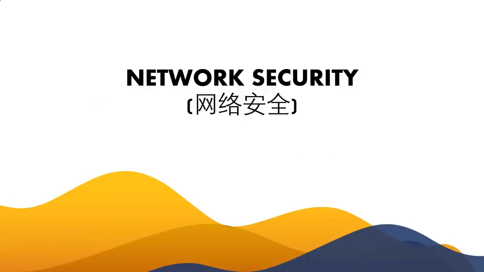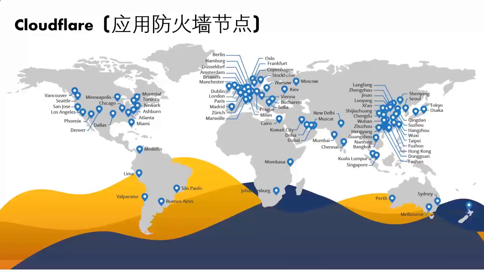So let's talk about the network security. We actually run Cloudflare, and Cloudflare itself has all of these nodes or data centers in the network that do all the CDN and the acceleration.